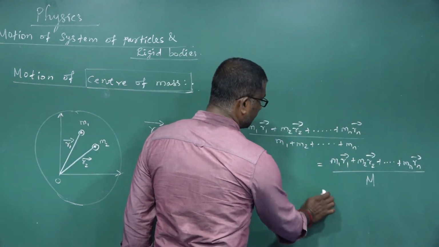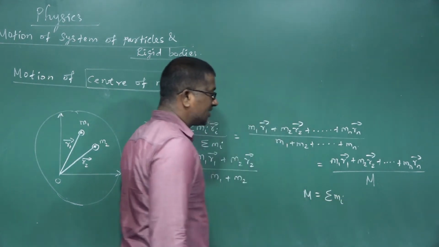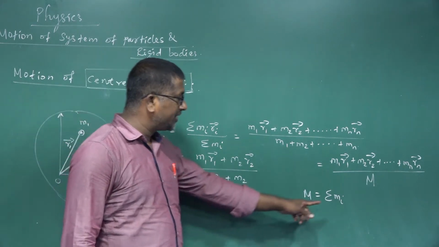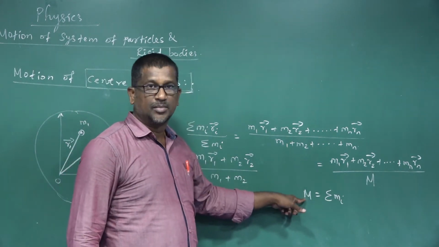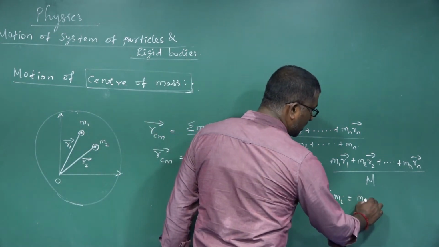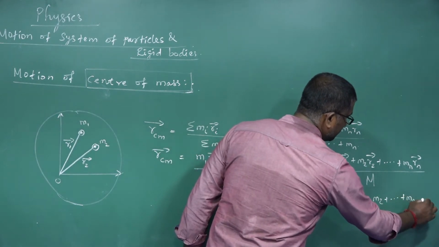Here capital M is equal to summation m_i. That is, the sum of the masses of all the particles in the rigid body gives the total mass of the rigid body: M equals summation m_i, or m1 plus m2 plus etc. plus mn.